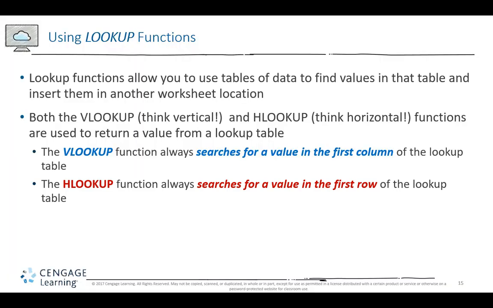These tables can be constructed as either exact match or approximate match. Exact match lookup occurs when the lookup value must exactly match one of the values in the first column or row of the lookup table. An approximate match lookup occurs when the lookup value is found within a range of numbers in the first column or row of the lookup table.